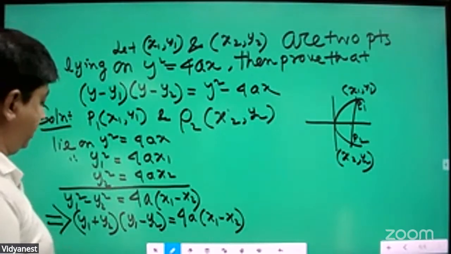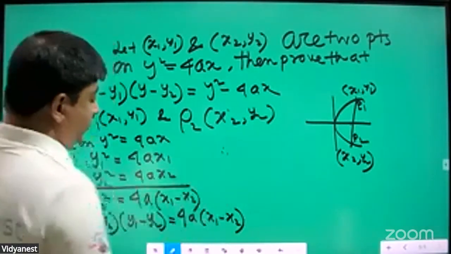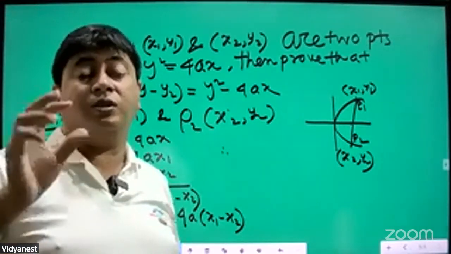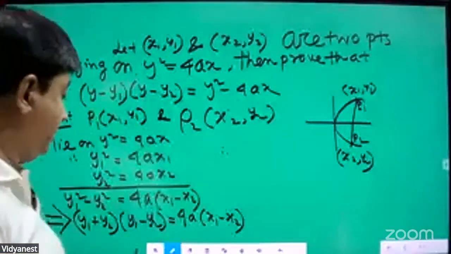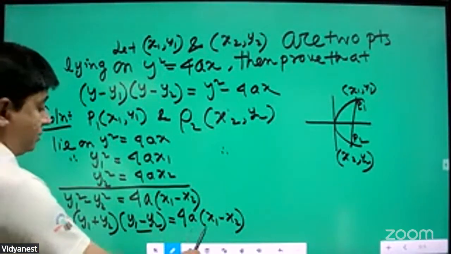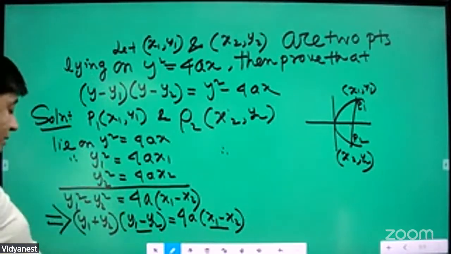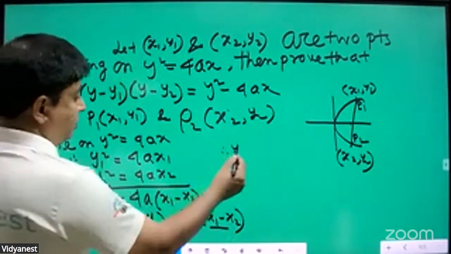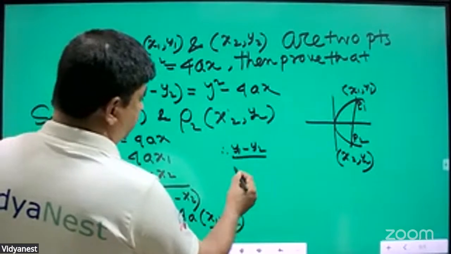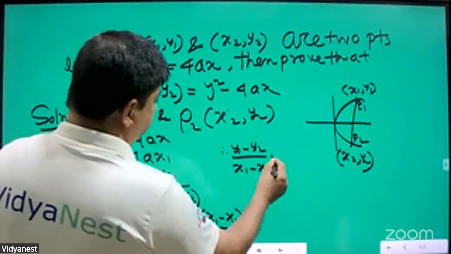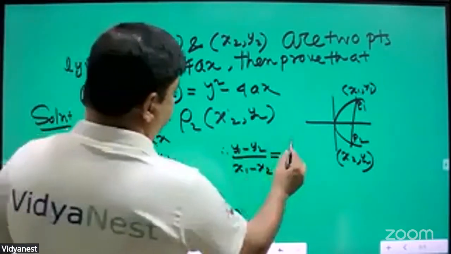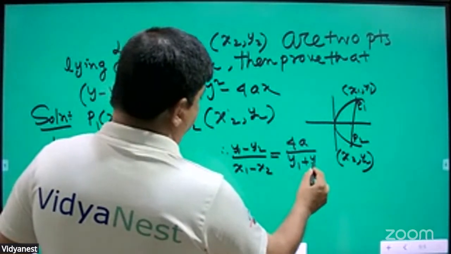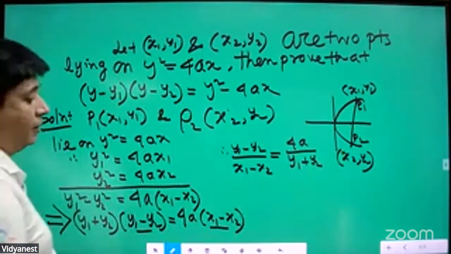Now, the trick you have to follow: hope you can remember the property of slope joining two points in a straight line. So bring that form. Drag x1 minus x2 to the denominator, and we get 4a by y1 plus y2.